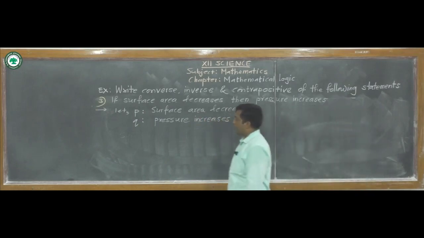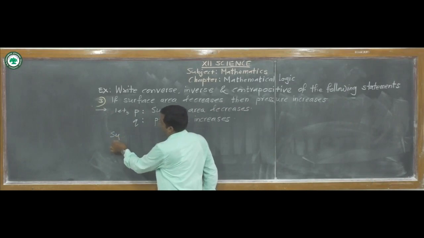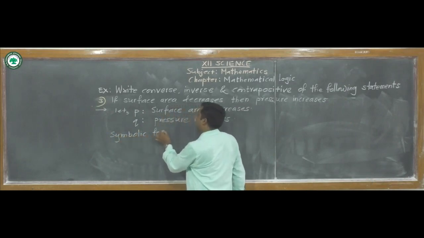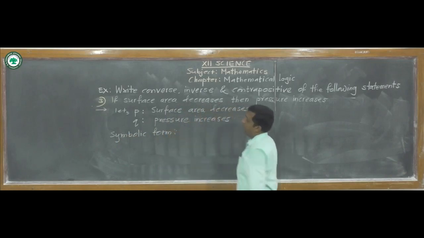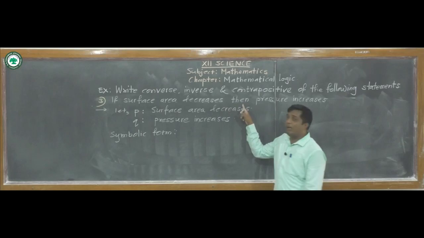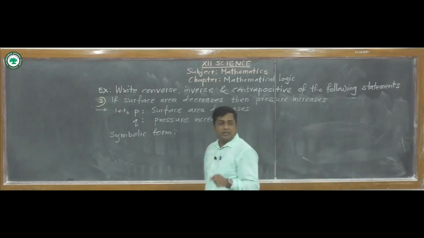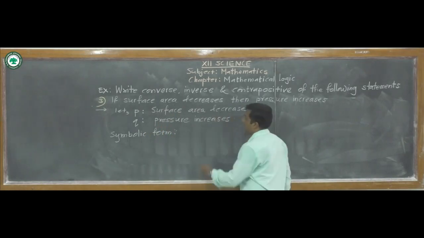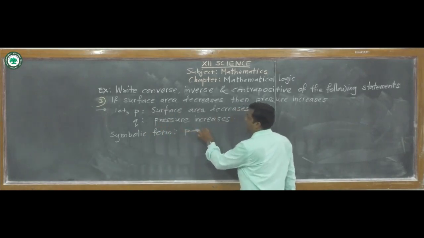Now we have to write the symbolic form. Here if-then is given. If we have if-then, we consider the implication. So our form is P implies Q.